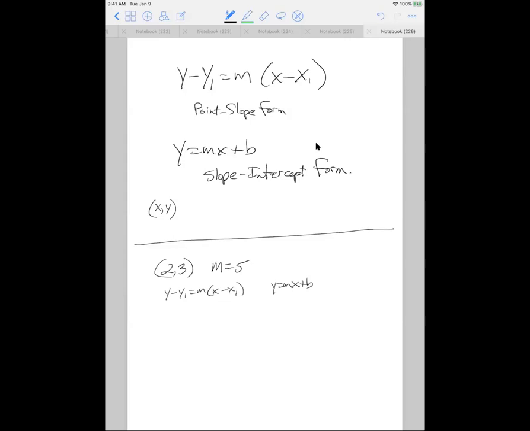And typically there are two standard forms that are used, and one is called point-slope form, where you're given a point and you're given the slope. Or we've got the slope-intercept form, where it's in the form y equals mx plus b.